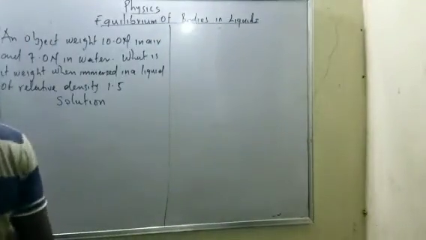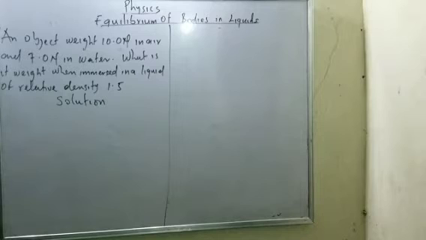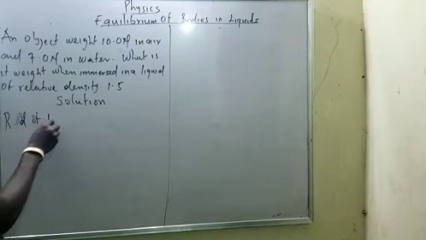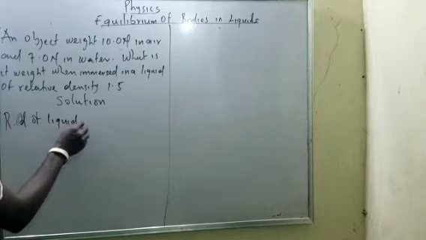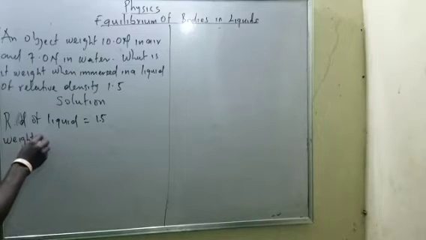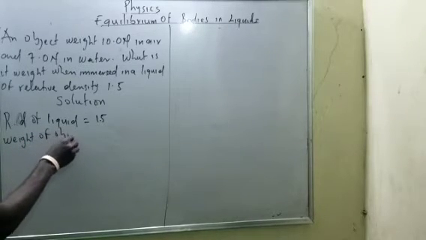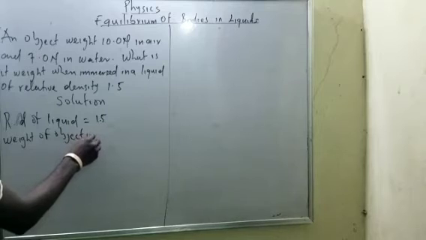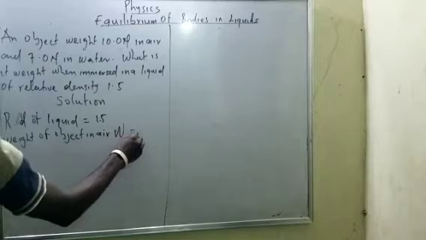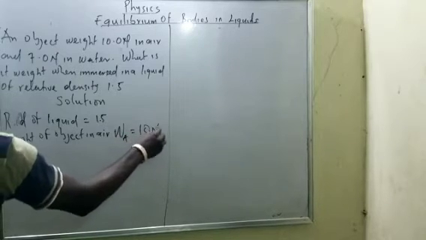Now, the first thing I will do is list out my information. The relative density of liquid is 1.5. That is the first thing. The weight of the object in air, which is WA, is 10 Newton.